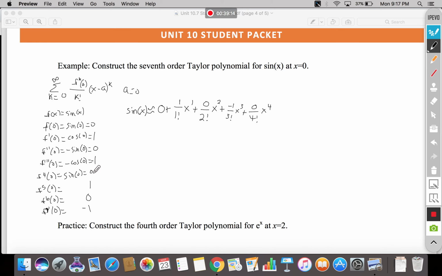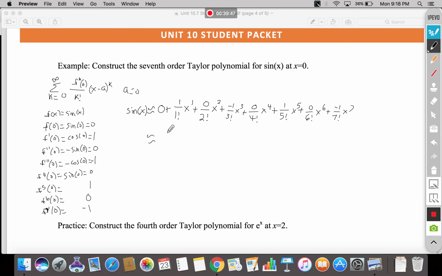The derivative at that term divided by the derivative's factorial, x to that power. Okay, keep going. It's going to be plus 1 over 5 factorial x to the 5th plus 0 over 6 factorial x to the 6th plus negative 1 over 7 factorial x to the 7th. We got a lot of zeros in there.